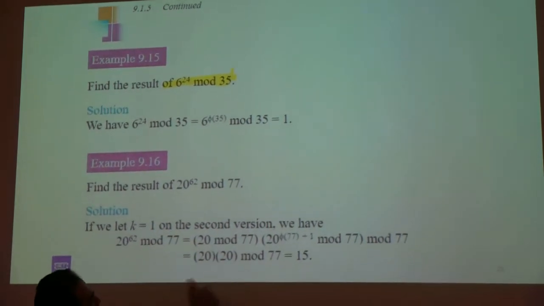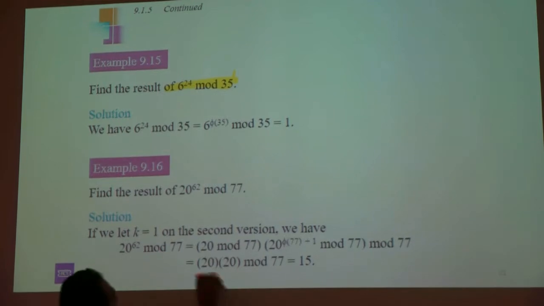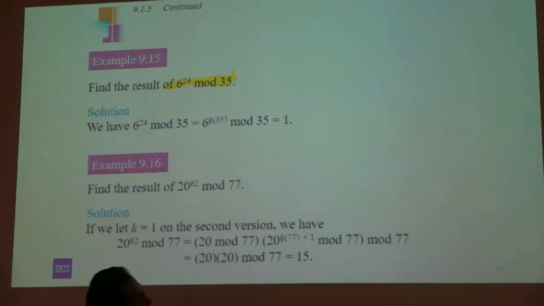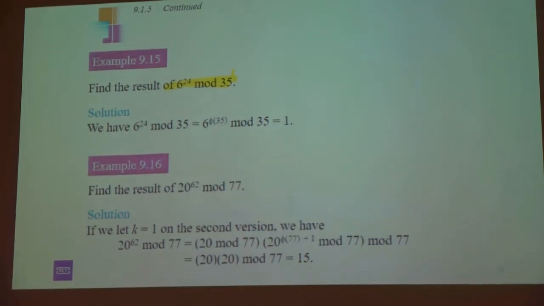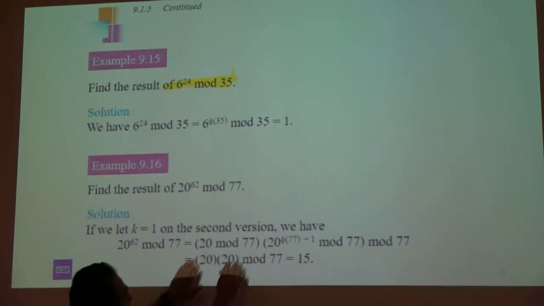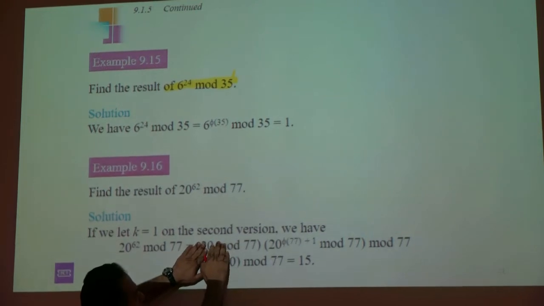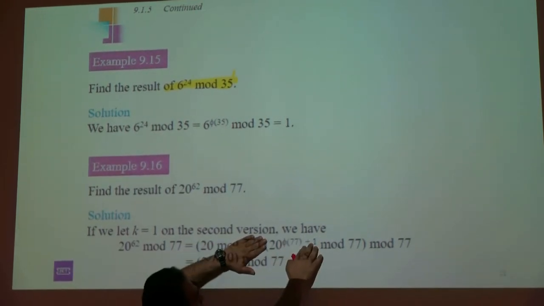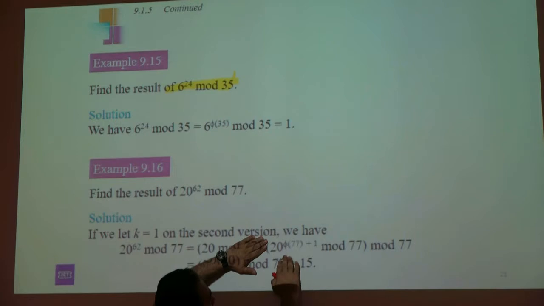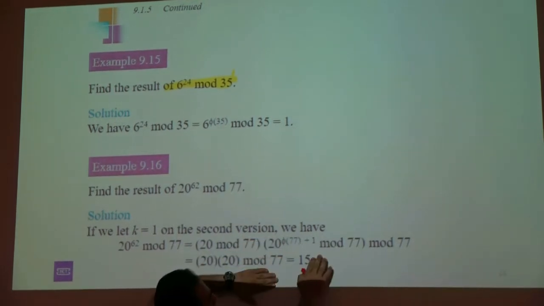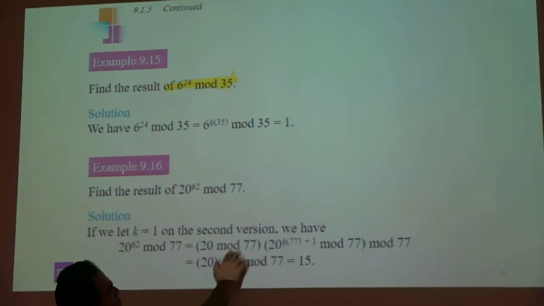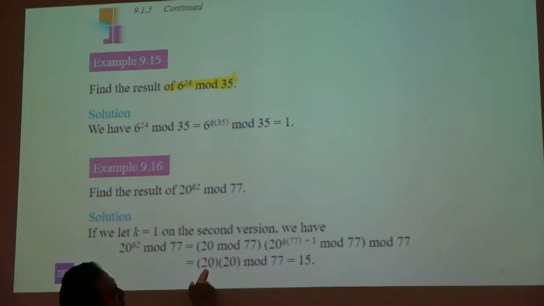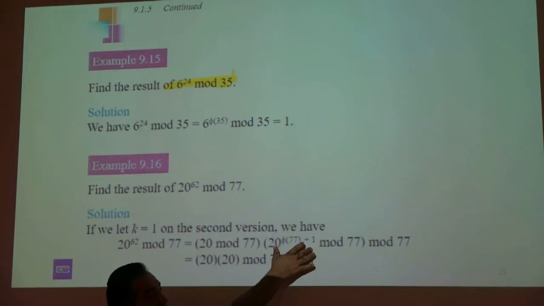First of all, what is the phi of 77? 60, right? So I take this separately, and this is 60 plus 1, mod 77. I calculate 20 mod 77, how much? 20.